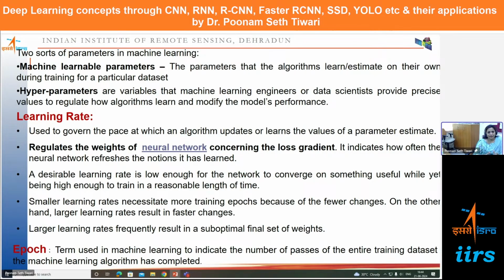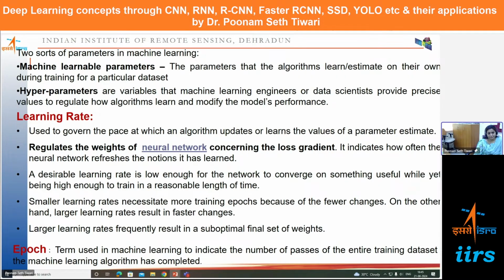A desirable learning rate should be low enough for the network to converge on our output, while it should not be very low. If it is very low, it might not converge. It has to be high enough so that it can be trained in a reasonable length of time. When we give a smaller learning rate, the number of training epochs becomes very large. On the other hand, larger learning rates result in faster changes and may miss certain details.